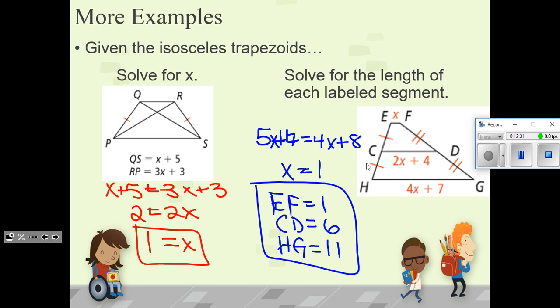And then that's going to equal double of this, right? So if I double this, 2x times 2 is 4x. 4 times 2 is 8. Put the equal sign, and I'm able to solve for x. Subtract 4x, which is 1x. Subtract 7, which is 1. x equals 1. If x equals 1, plug in 1 here. 2 times 1 plus 4 is 6. 4 times 1 plus 7 is 11.